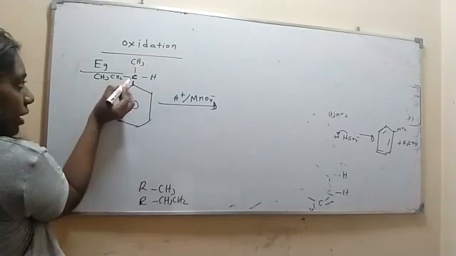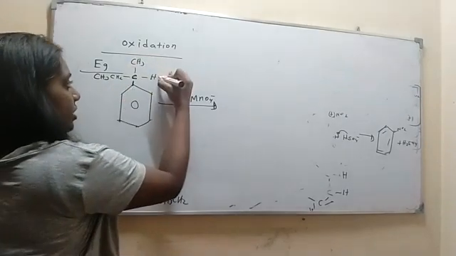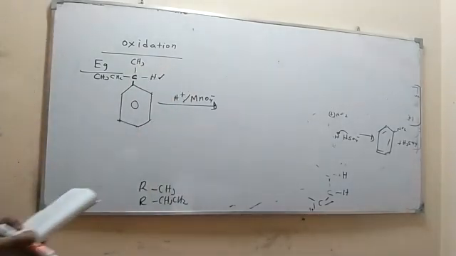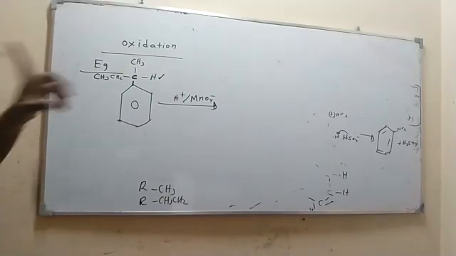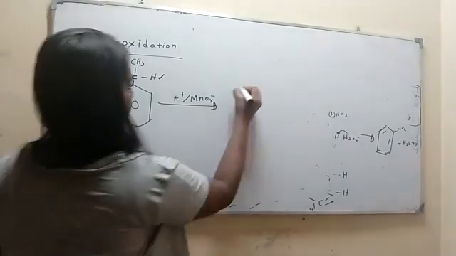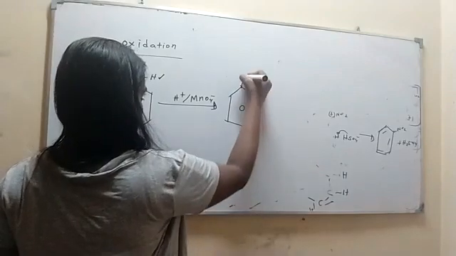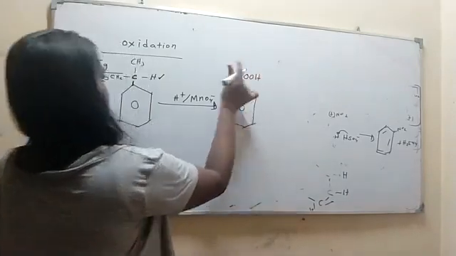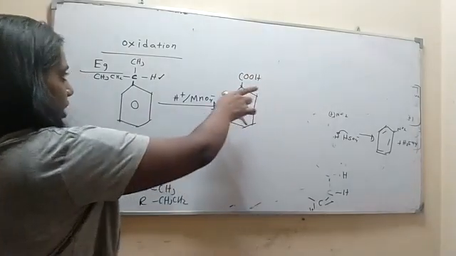So if the carbon which is directly bonded with the benzene ring has at least one hydrogen, there can be one hydrogen or more hydrogens, at least minimum one hydrogen should be present. What it will do is this whole thing will be converted into COOH, which we call carboxylic acid.